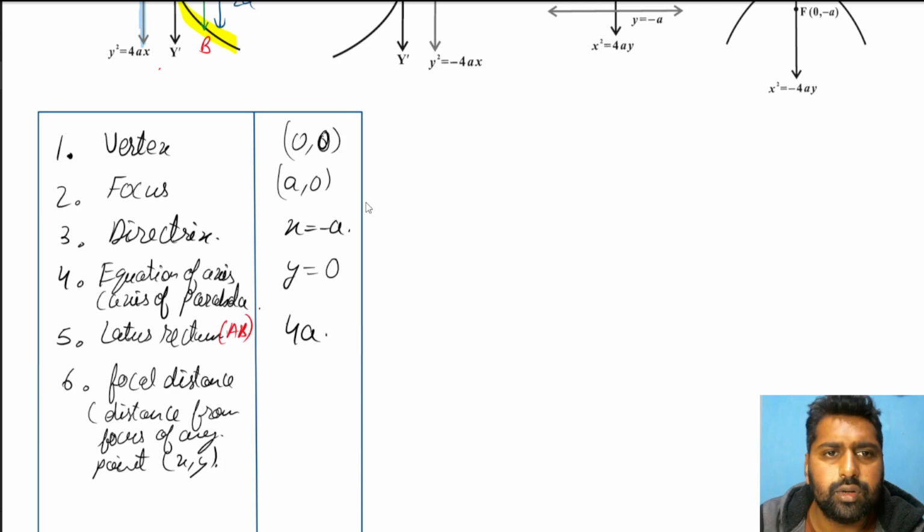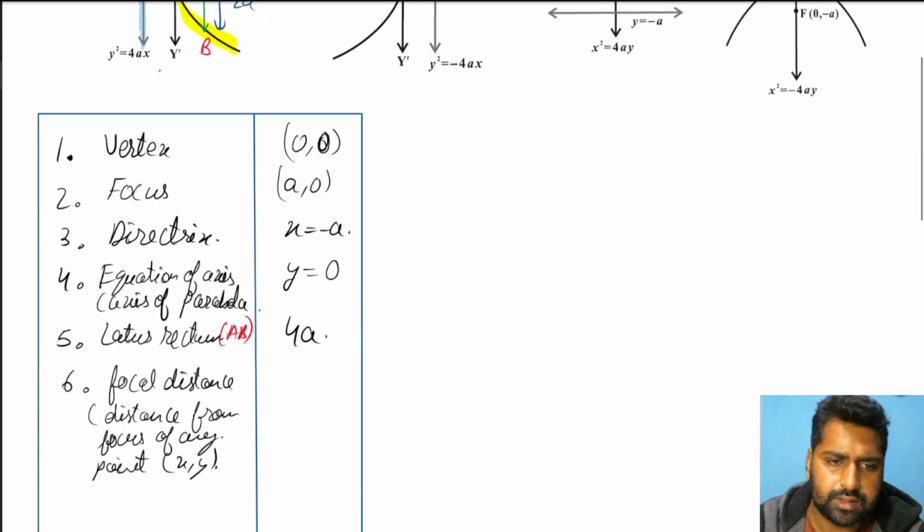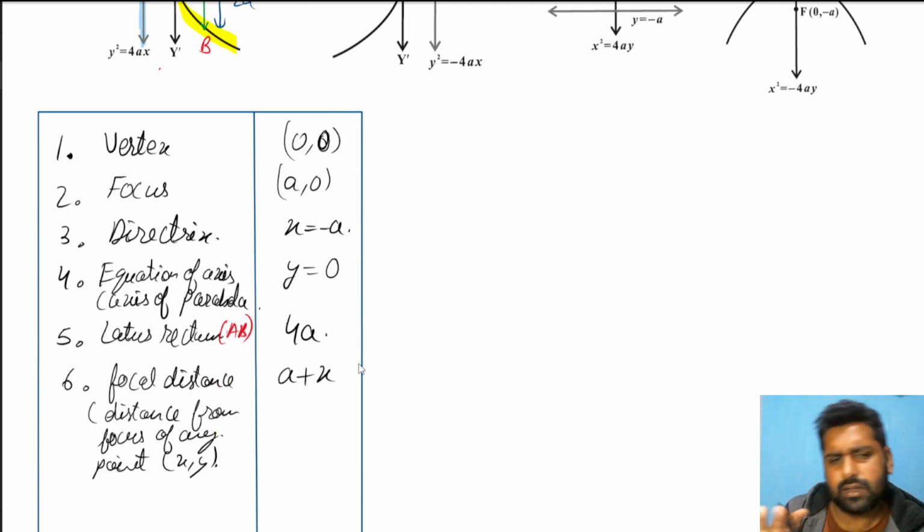So in this scenario, suppose you take any point on this parabola x comma y, and how do you calculate the distance from the focus? Using the distance formula. If you calculate that and you use this condition that y square is 4ax also, combining those two conditions, you get this as a plus x.